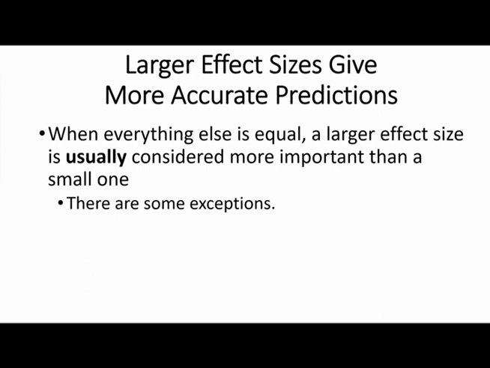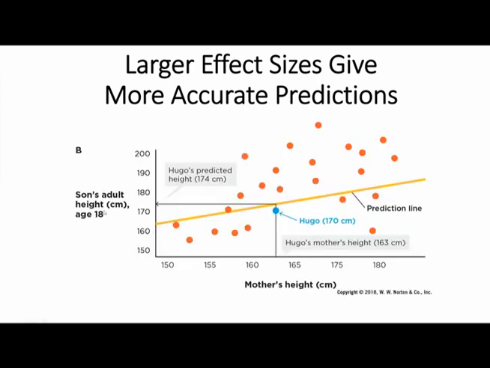So when the outcome is very extreme, something that's life or death, a small effect size can really matter. But if we're looking at something like height, a tiny effect size, we really don't care.